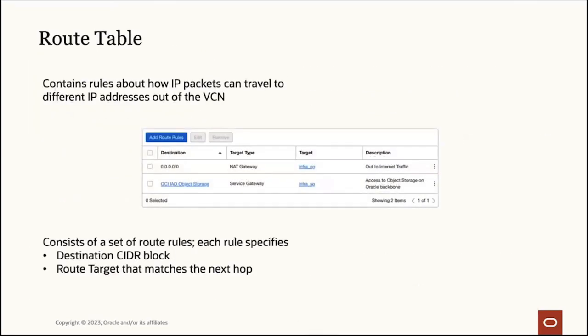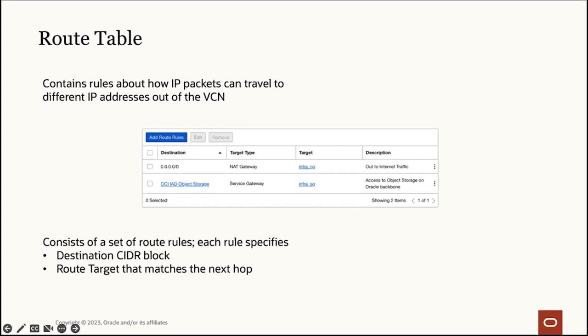So next up, I want to talk about route tables. These are super important. Your VCN will use route tables to send traffic out of the VCN, so it could be to the internet, to your on-premises network, or even to a different VCN. These route tables will have rules that look and act like traditional networking route rules you might be familiar with already.